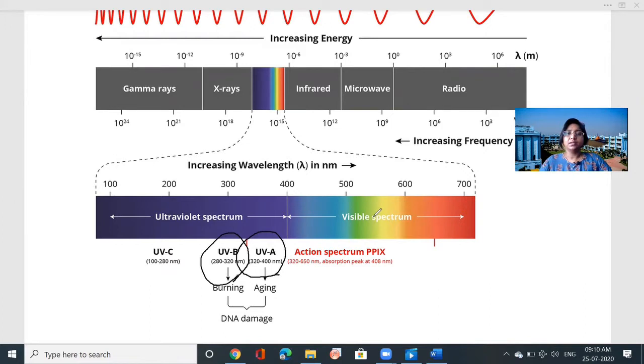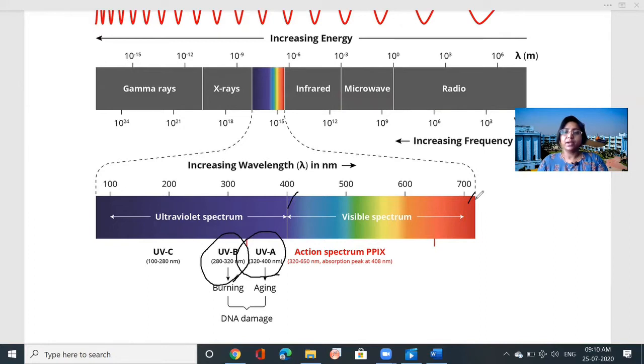And here you can observe the visible spectrum, VIS, which starts from violet and ends at red. For violet rays, the wavelength is lowest, 400 nanometer.